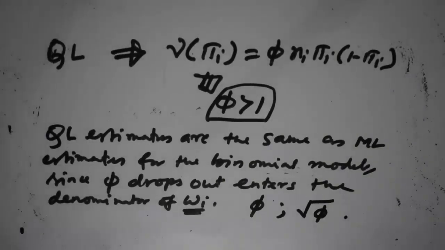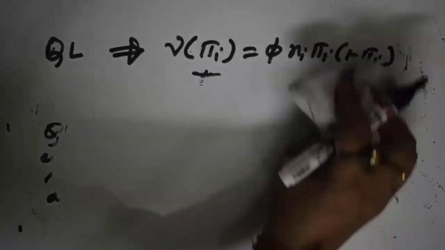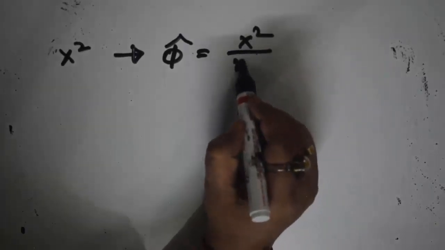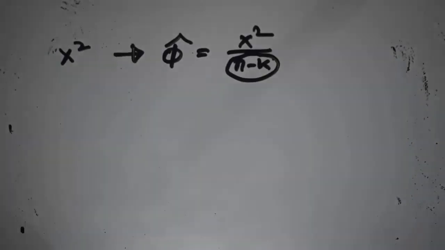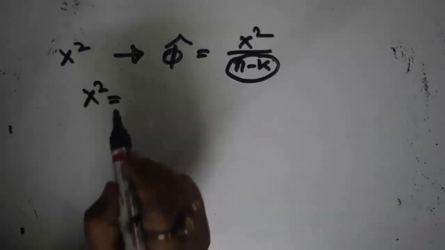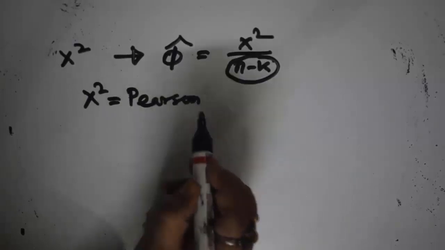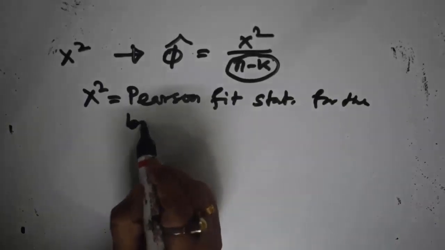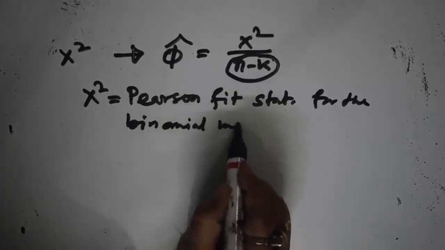An estimate of phi using the chi-square fit statistic for the ordinary binomial model is phi hat equal to chi-square divided by n minus k, that is the degrees of freedom, where chi-square equals the Pearson fit statistic for the binomial model.